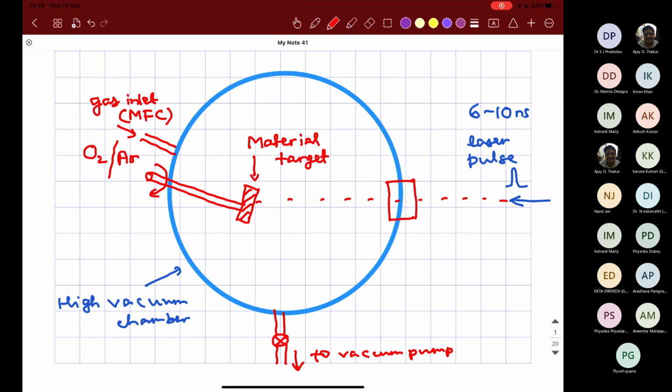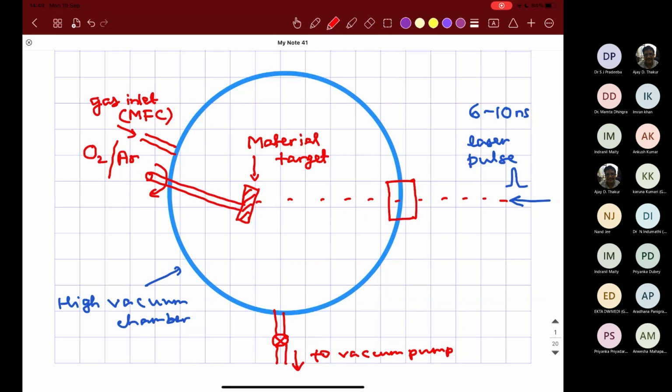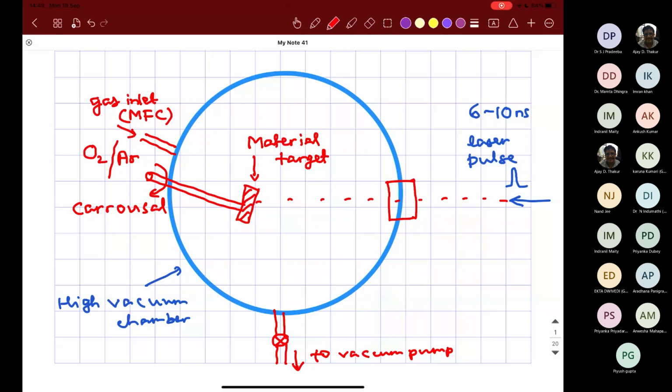So this is basically a target carousel. It will rotate the target. And it is made in such a way that this assembly does not disturb the vacuum or the partial pressure environment of oxygen or argon that we make.